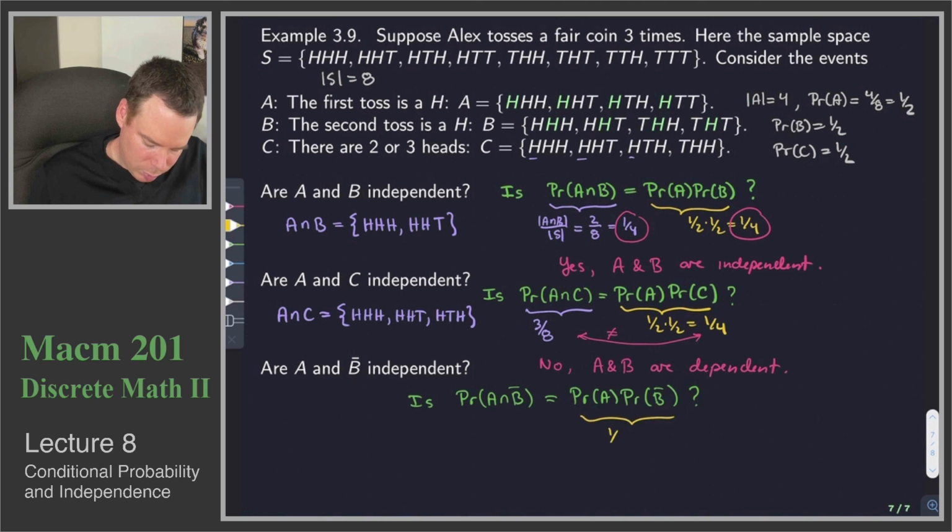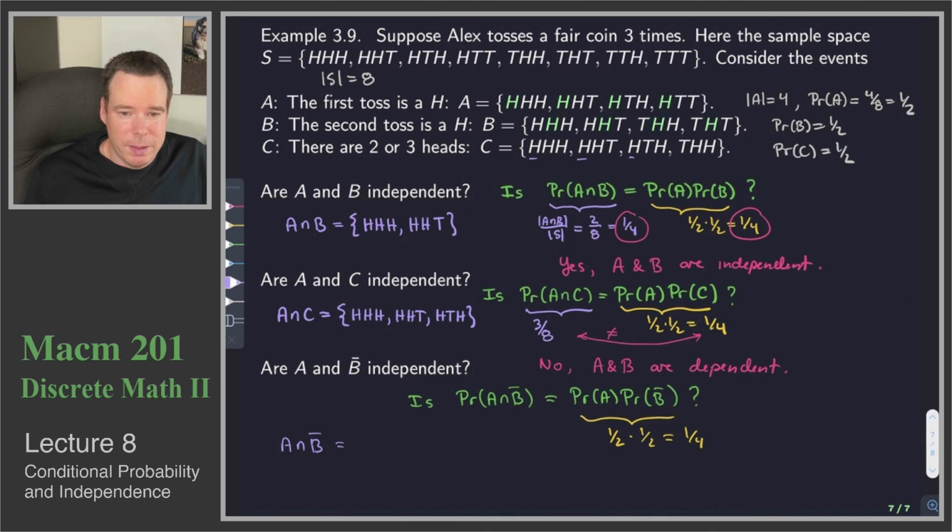What is this side? Well, the probability of A is a half. What's the probability of the complement of B? Well, it's 1 minus the probability of B. That's 1 minus a half, so it's also a half. So again, this is a quarter. What is A intersect B complement? So those are all the things that start with an H, but the second toss is not an H. So they would go HT.